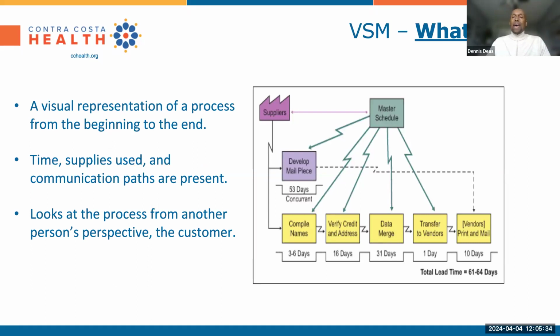Now, what do we mean by value stream? By value, you always look at it from the customer's perspective, or the patient's perspective, or the client's perspective. So when you go into the Apple shop, you are the customer. Everything they're looking at is, how do we provide value from the customer's perspective?